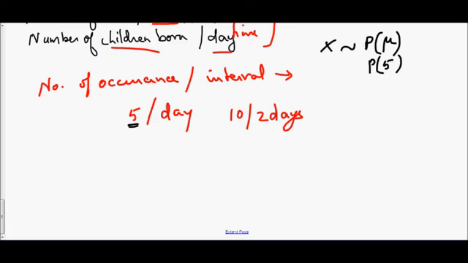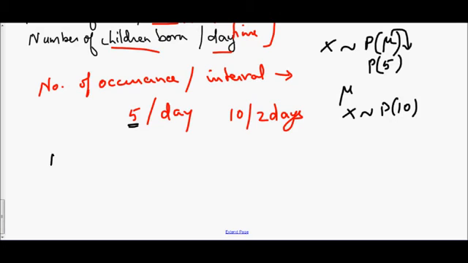So mu is the occurrence per interval for the given number of intervals. If you are considering 2 days, then X would follow Poisson of 10, because you have to multiply the average by 2.